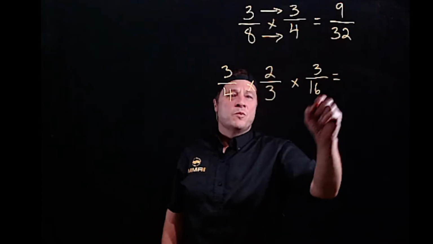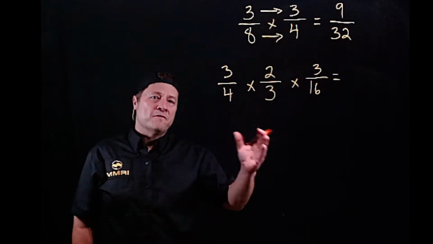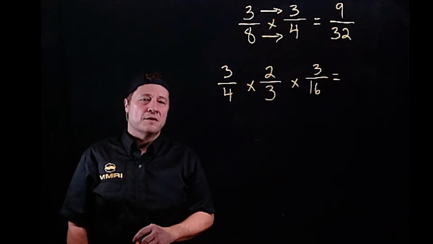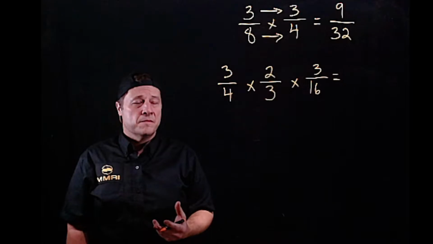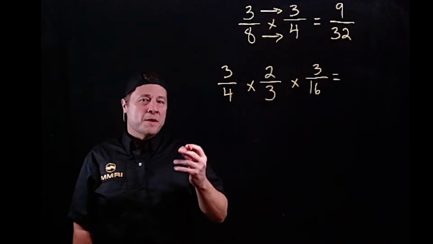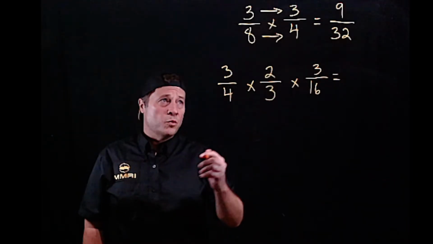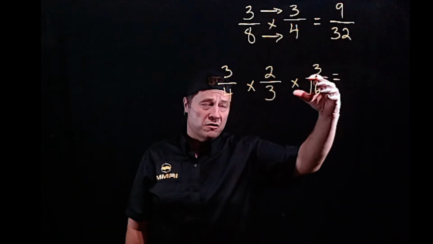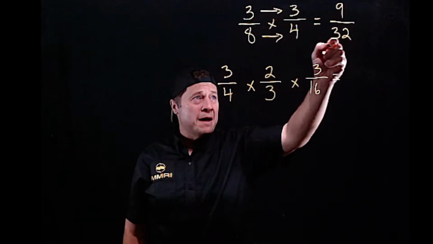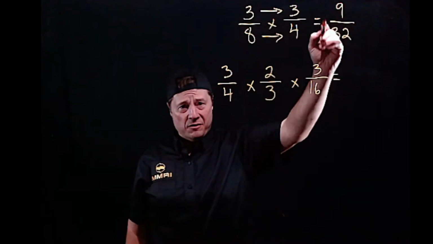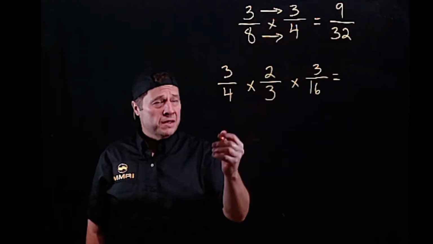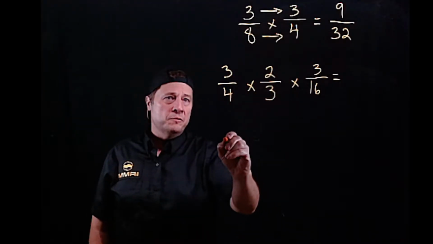You know, what happens when we get multiple fractions that we want to multiply across? It's exactly the same. But remember, any time that we get an answer when it comes to a fraction, we want to reduce it to its lowest terms, right? So this happens to be in its lowest terms, 9/32. But let's work this problem through two ways.